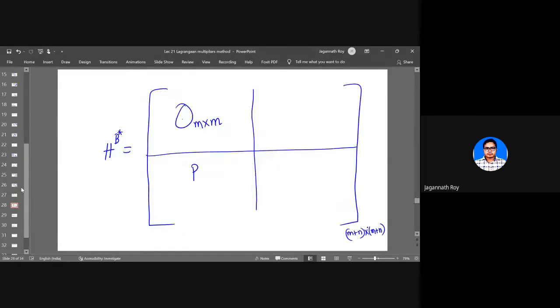P transpose is a matrix which is m by m. P is a matrix which is m by n. And this is the Q matrix, which would be n by n. So this is how this matrix will look.